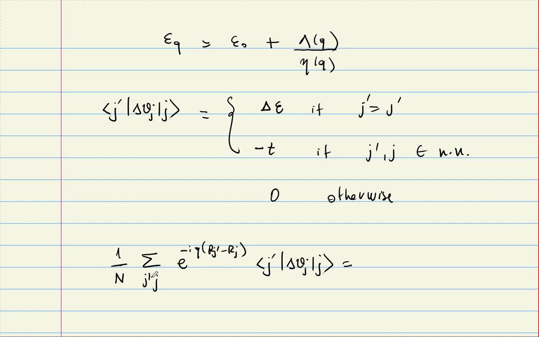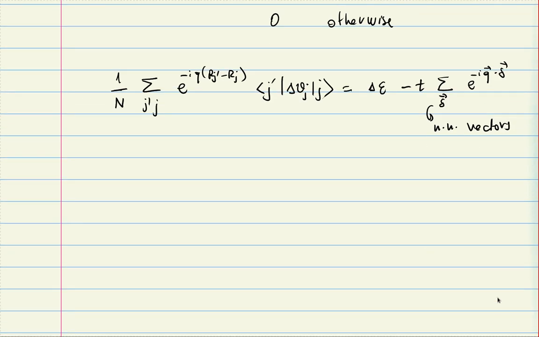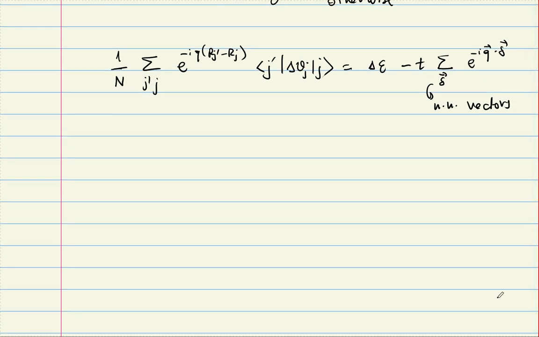There are n terms with J prime equal to J. So this is going to be delta epsilon plus, if you want, minus T times, so this one is outside, and J prime and J, the way to write this is some sum over delta vector of e to the minus i q dot delta. And here this delta is the nearest neighbor vectors. Good, and the calculation is done.